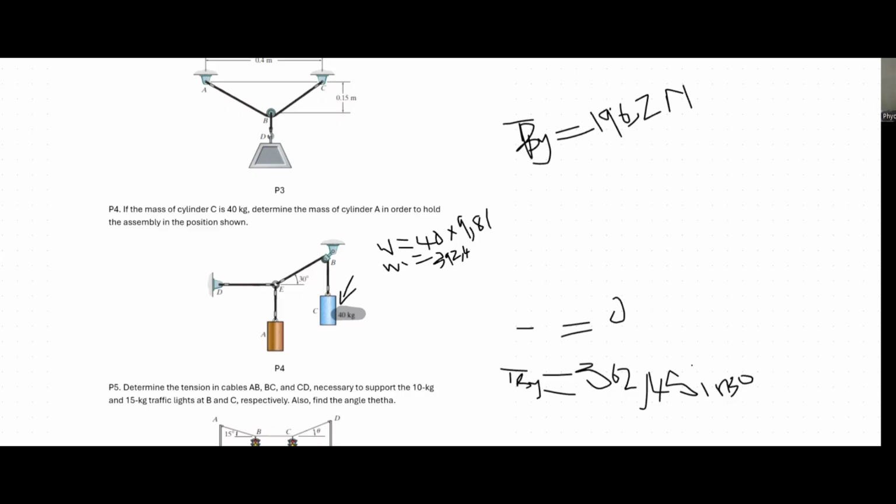We're going to say 196.2 minus mass times 9.81 equal to 0.